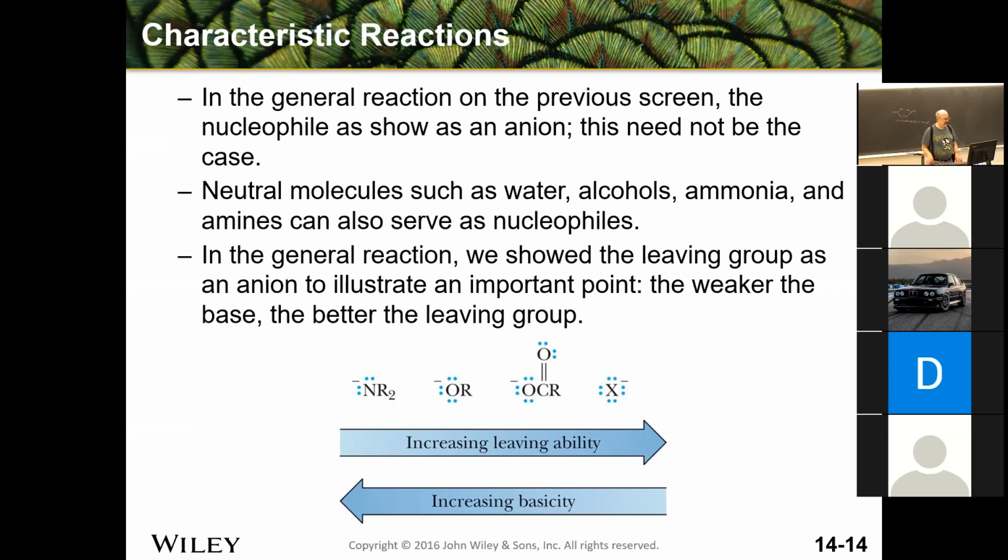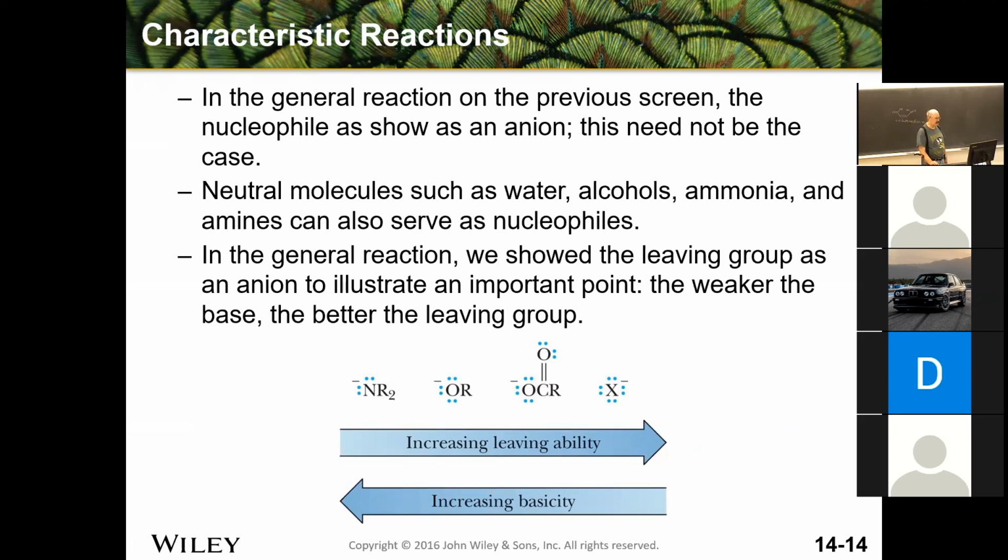In the general reaction, we showed the leaving group as an anion to facilitate this important point: the weaker the base, the better the leaving group. And this is a key to the relative reactivities of carboxylic acid derivatives.